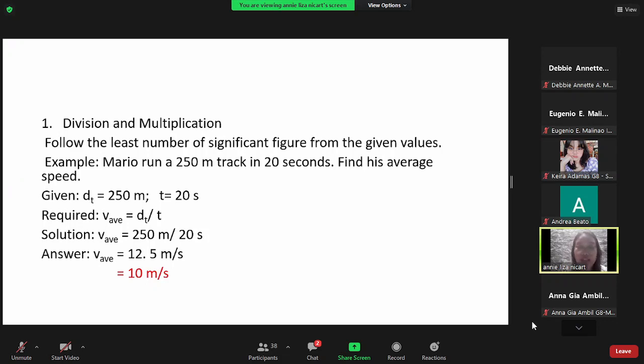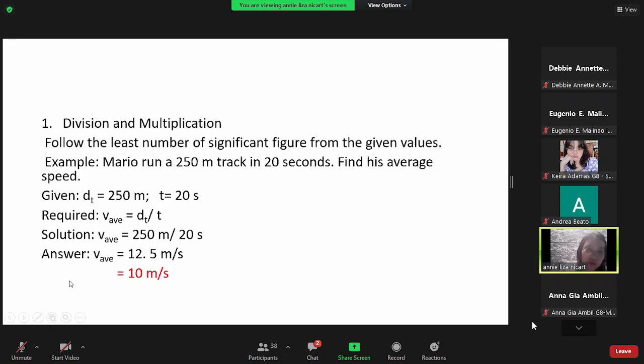The final answer should only have one significant figure. So you have to round off to one significant figure.